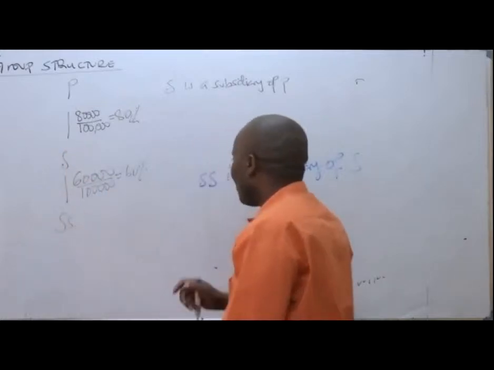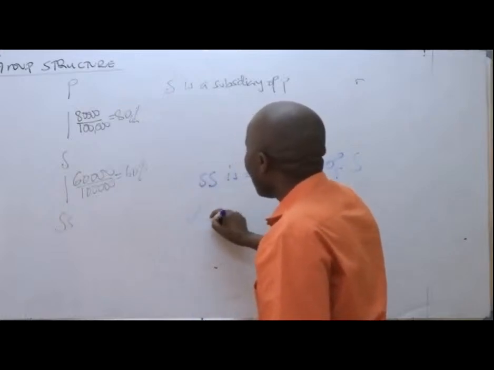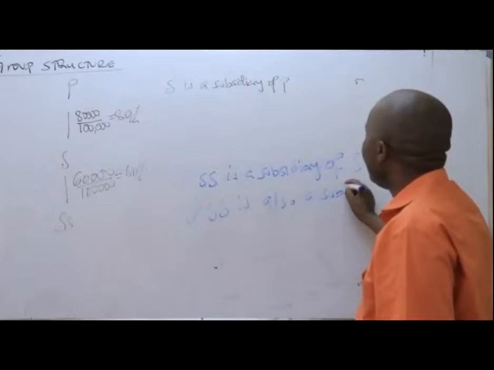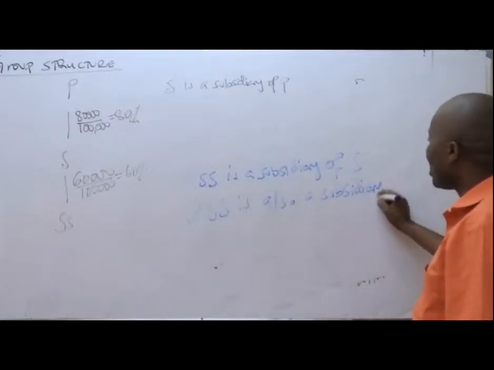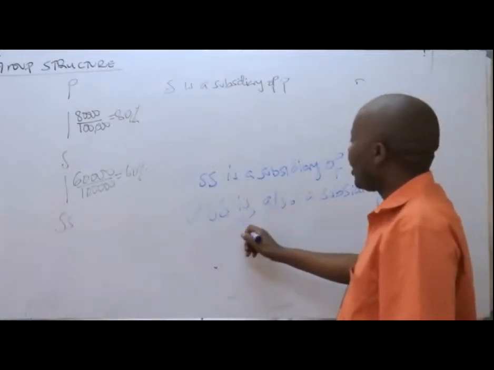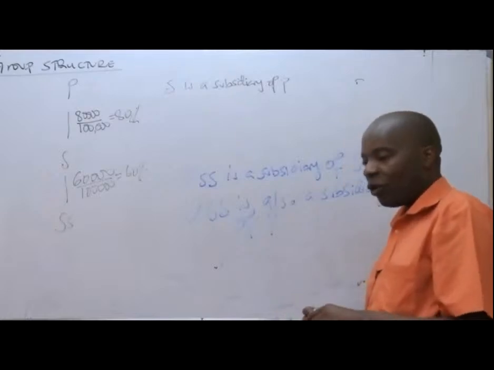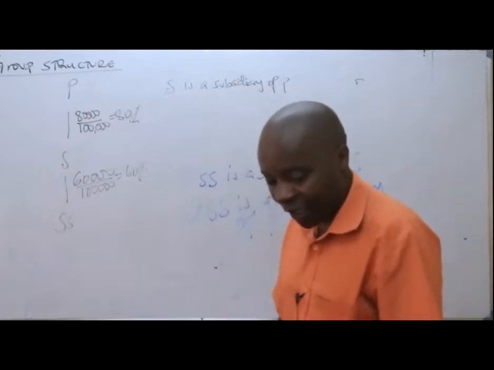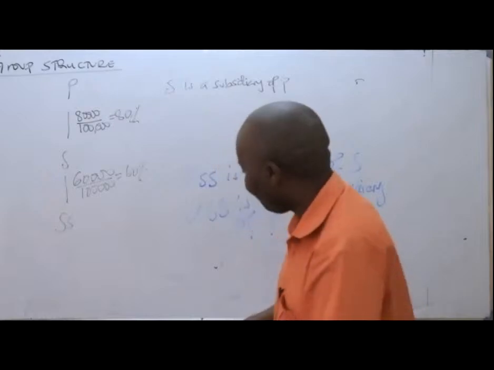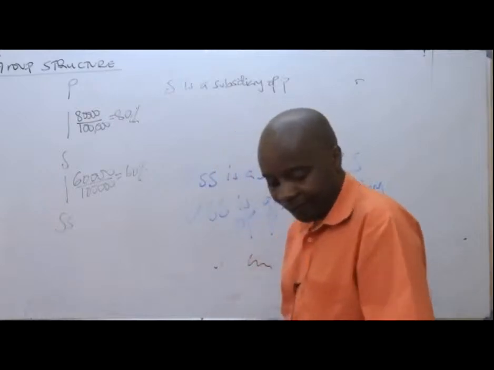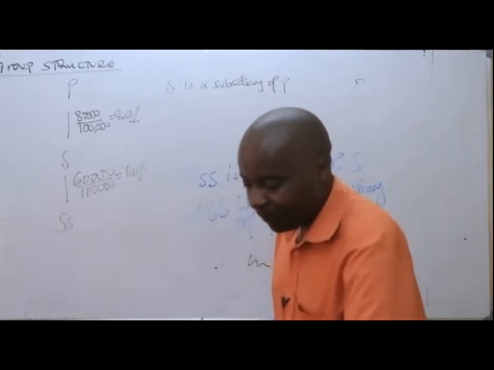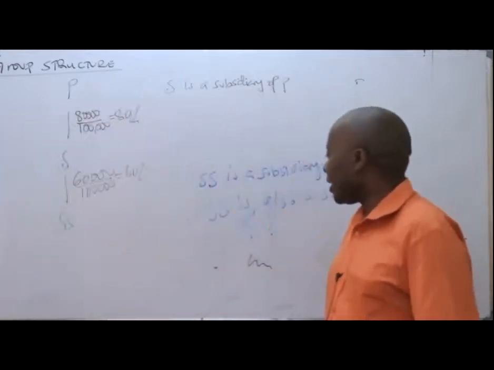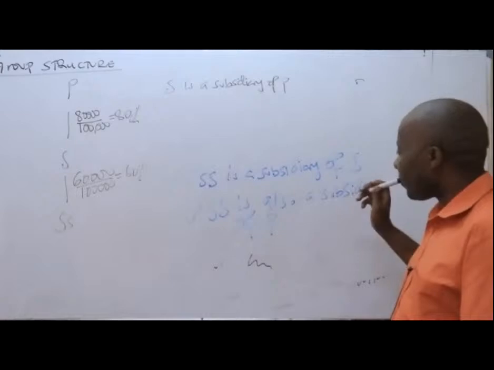So you're saying very importantly that therefore SS is also a subsidiary of the P group, a subsidiary of P. My pens are letting me down, but we just have to fight with it. So we are saying that SS is also a subsidiary of P.